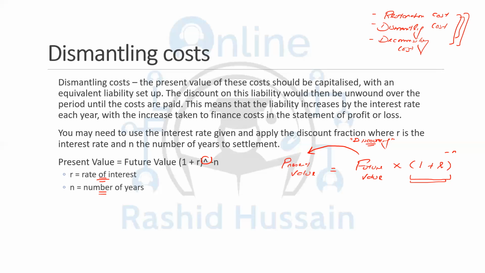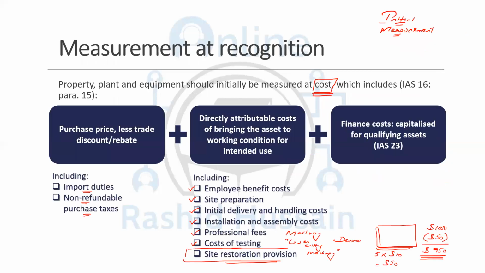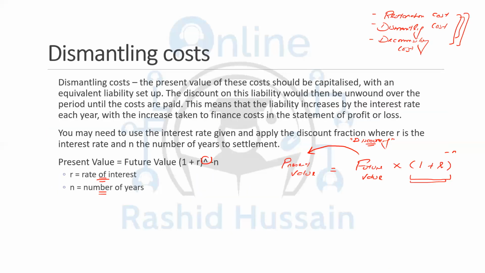Then this cost is a direct cost because it will be incurred due to this particular asset which you are using. So it's a direct cost, and we have studied that any direct cost should be capitalized. Because you're using it and you have an obligation to dismantle it, whatever the cost of that dismantling is, you need to make that cost part of the asset cost.